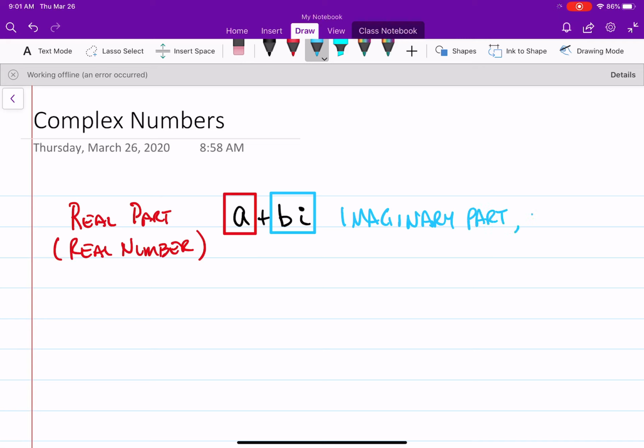Anytime you see this i, notice my i has a little tail to it, and the dot is a little bit bigger, because in the past I might see an 8i and they'll draw a regular i with a dot and you can't see the dot, so it looks like an 8 1 instead of an 8i. So I would suggest that you put a little tail on that. And this imaginary part is not a real number.